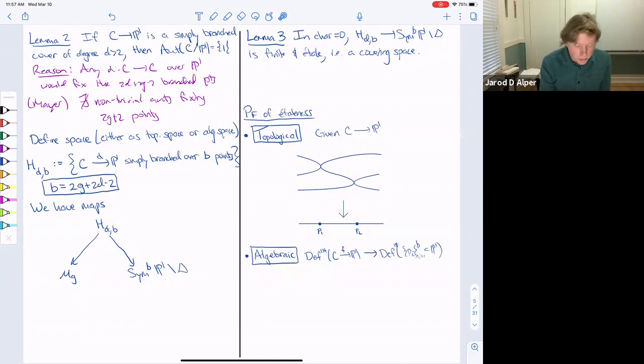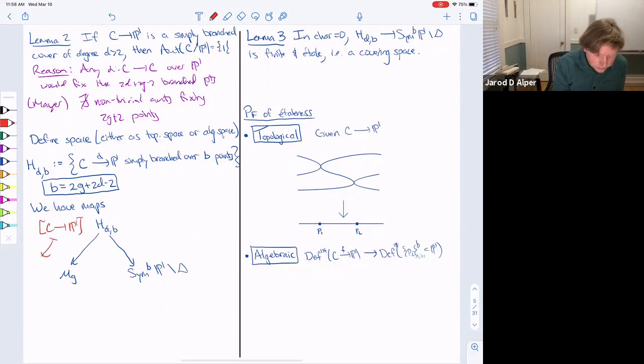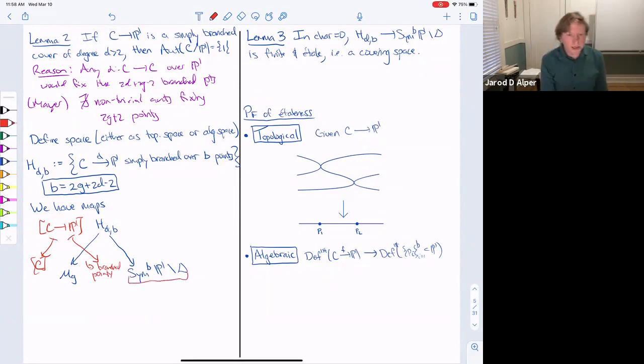And the important point here is that this maps both to M_g and to the symmetric product of P1, where, if I'm given a simple branch covering, I just forget the covering and map it to C, or I can map to the B branch points. I'm taking the symmetric product because I don't want the points ordered.